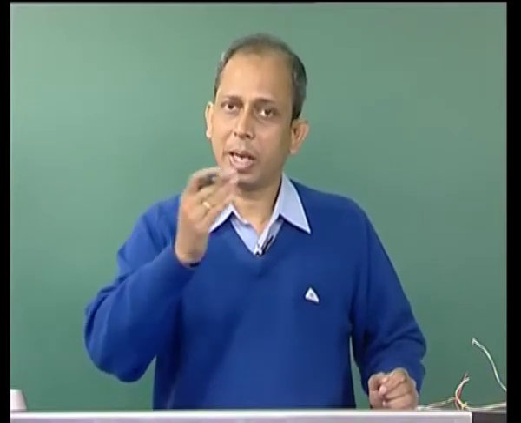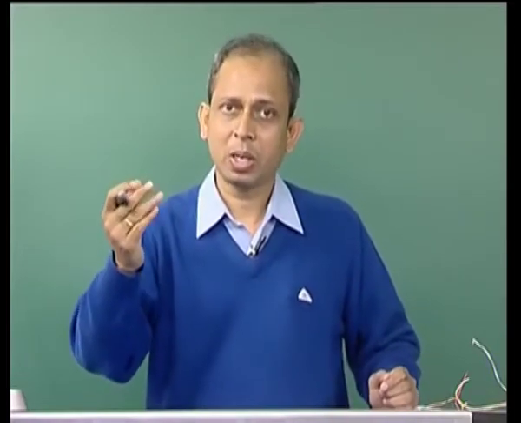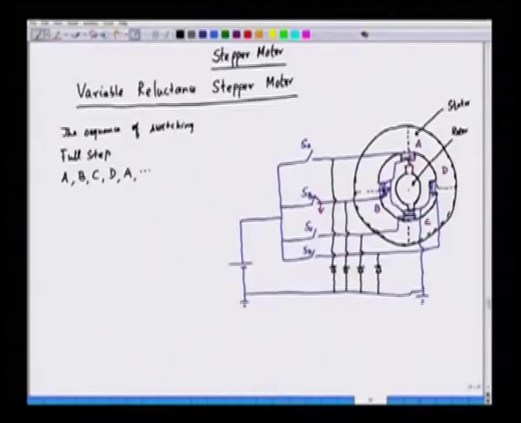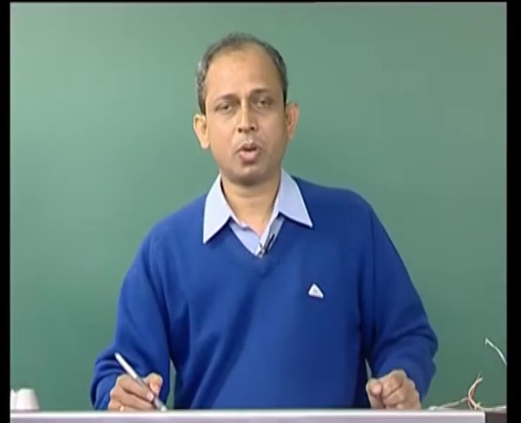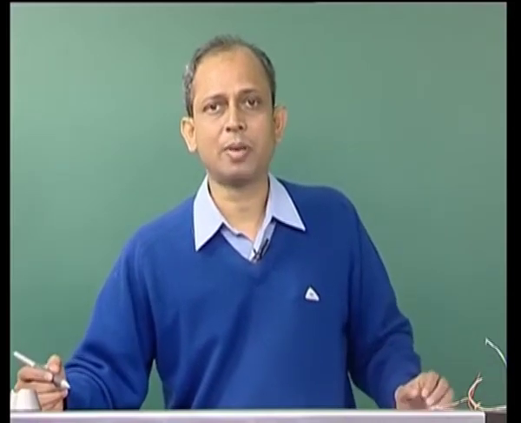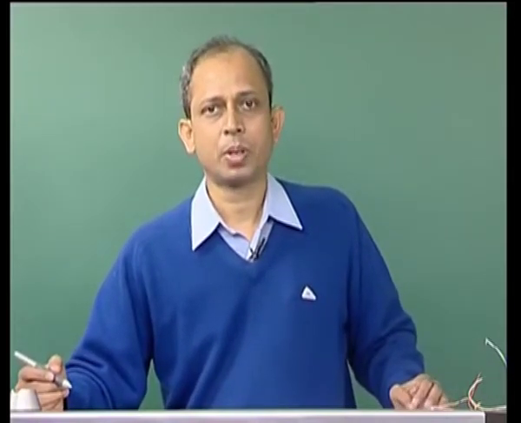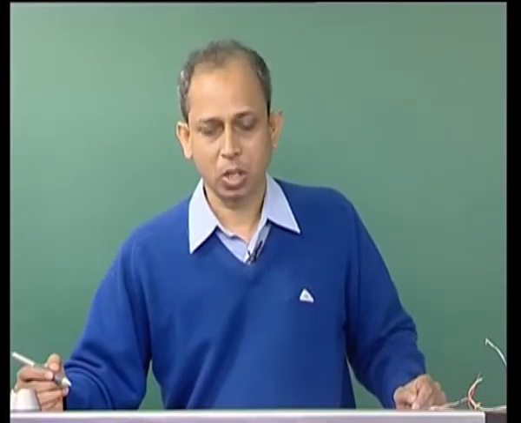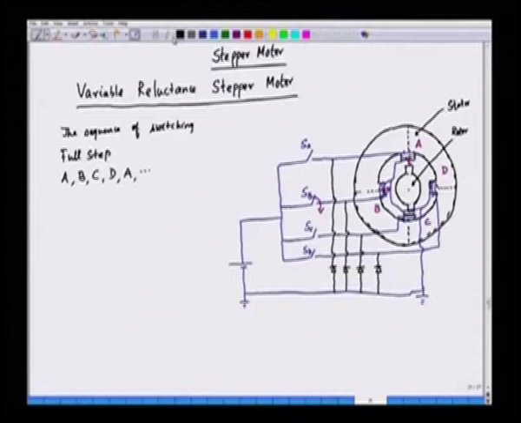From phase A, the current is decreasing, and phase B, current is increasing. So, the MMF will change gradually from phase A to phase B, and the rotor will try to follow the MMF. So, when phase A is switched off and then phase B is switched on, the rotor moves in the anti-clockwise direction.